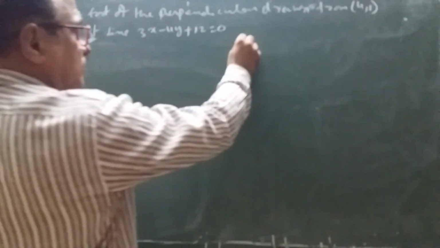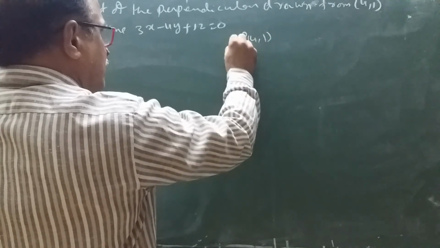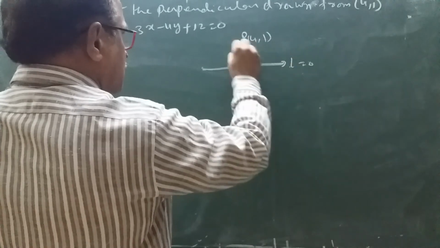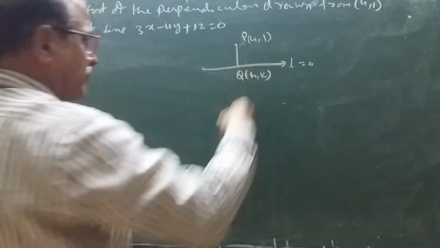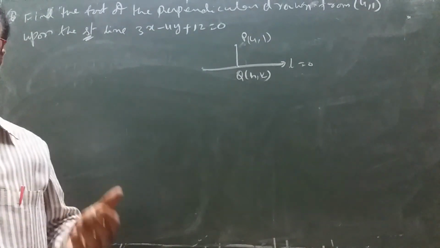Here the diagram will be like this. 4, 1 is point P. There is a line L is equal to 0. The foot of the perpendicular is Q, that is h, k. Now we have to use the foot of the perpendicular theorem relation.